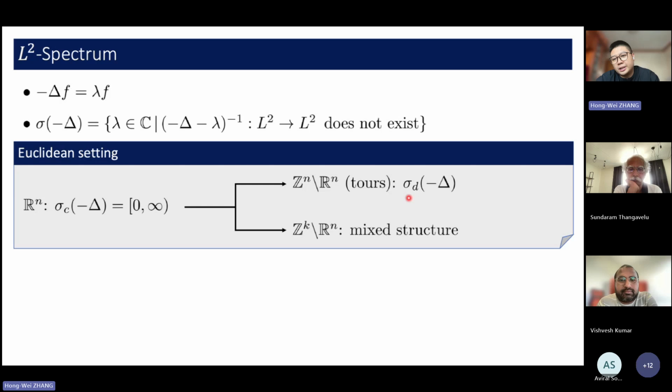So the spectrum is purely discrete. So we have discrete eigenvalues. But if we replace Z^n by Z^k with k strictly smaller than n, we will get something different. For example, if we have a cylinder, at the bottom we have compact parts, but at the cylinder end we will have infinite area.